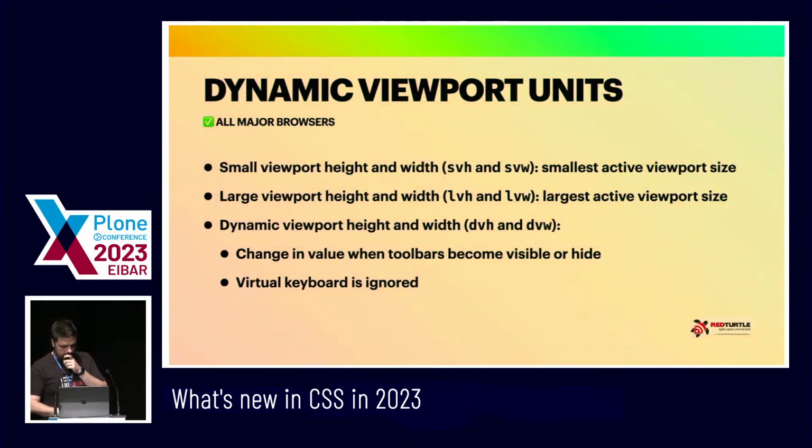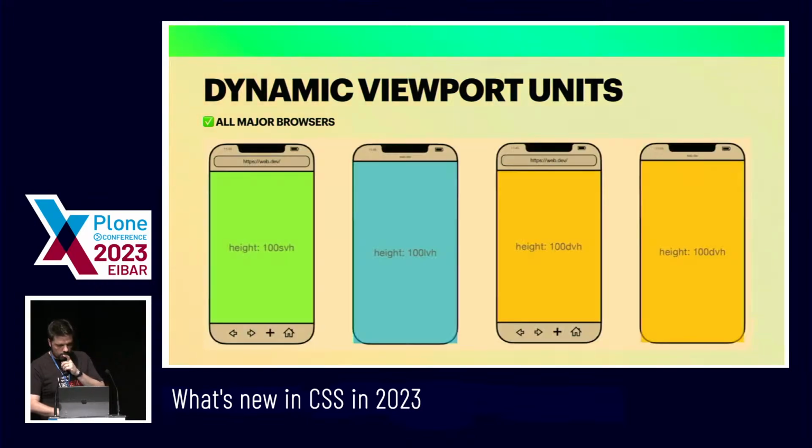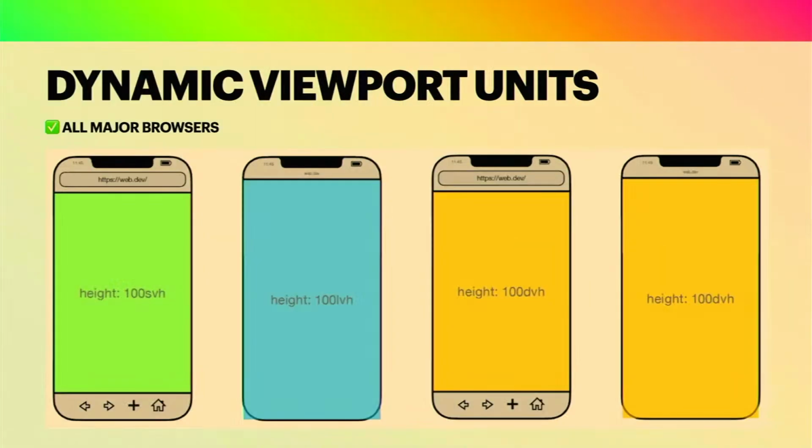So I have a visual example for all of these. This one. So the leftmost one, the green one, is the small viewport size. That has the top toolbar for navigation, well, for the address, and the bottom toolbar, for example. And that's the height that it would have if all toolbars are showing. So if the user scrolls, that value that's used by the browser doesn't change, in case you need it.